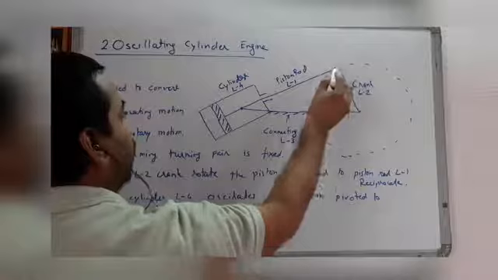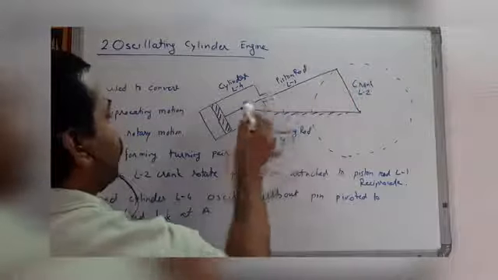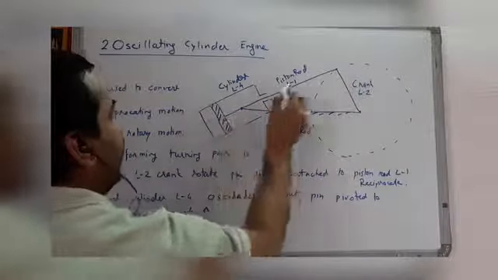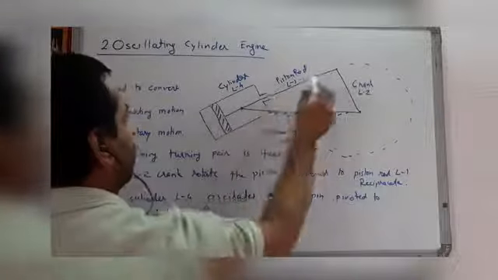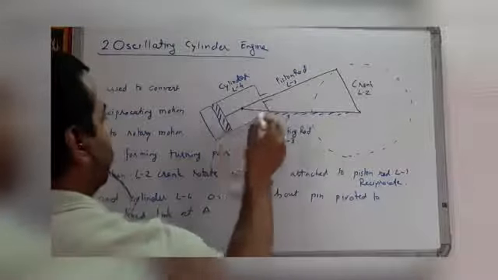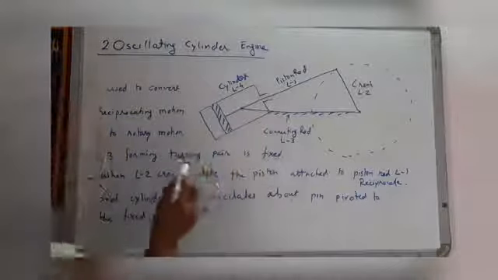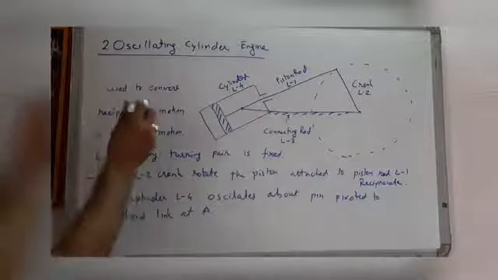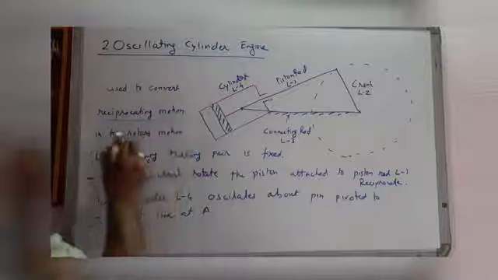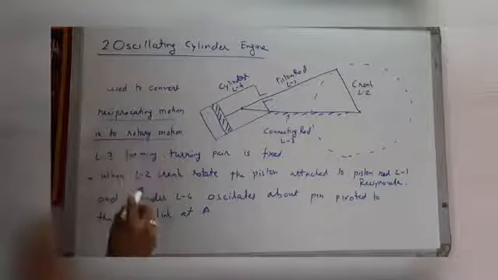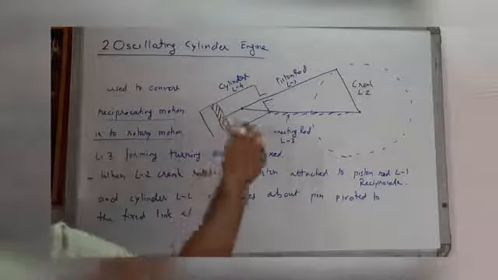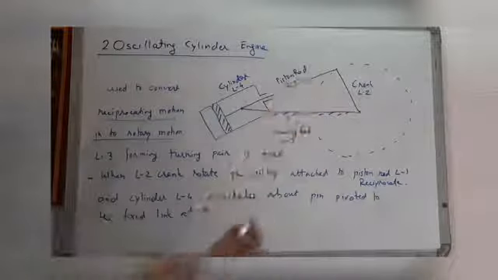Then crank is connected to cylinder piston by piston rod. This is link 1 and cylinder is link 4. This is used to convert reciprocating motion into rotary motion.